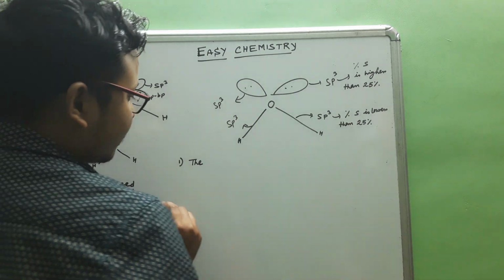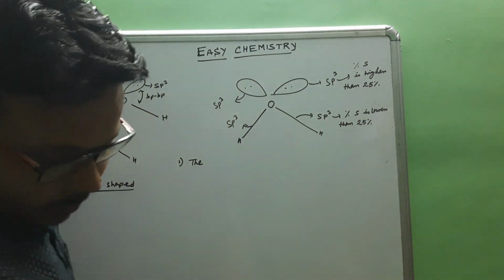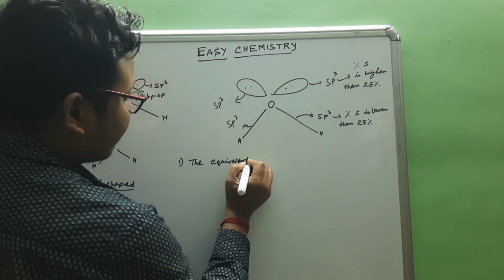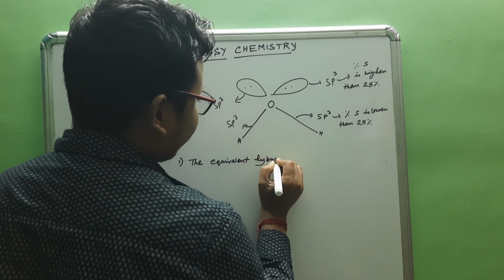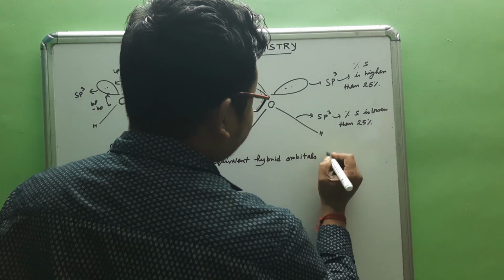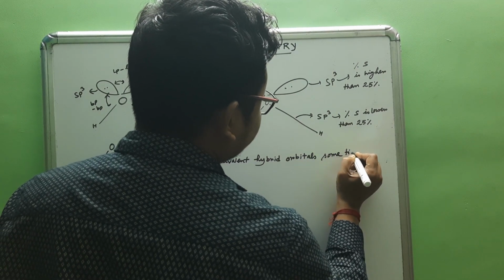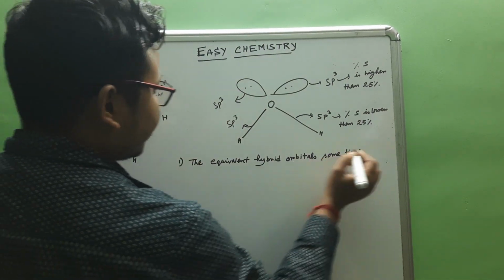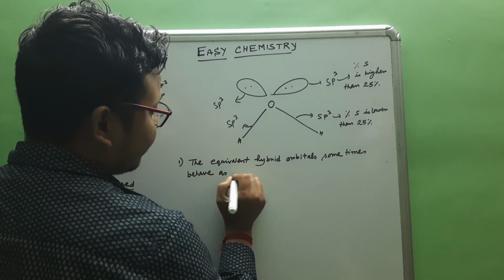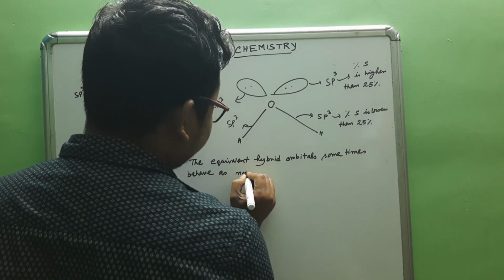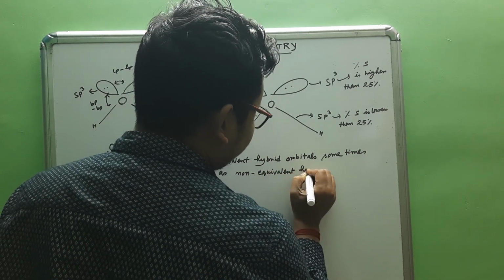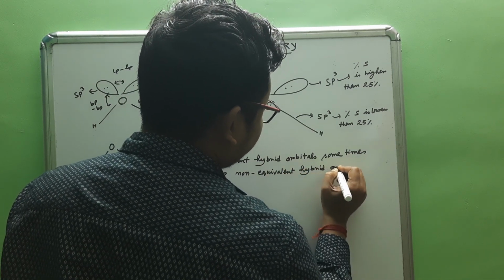So the first point: equivalent hybrid orbitals sometimes behave as non-equivalent hybrid orbitals.